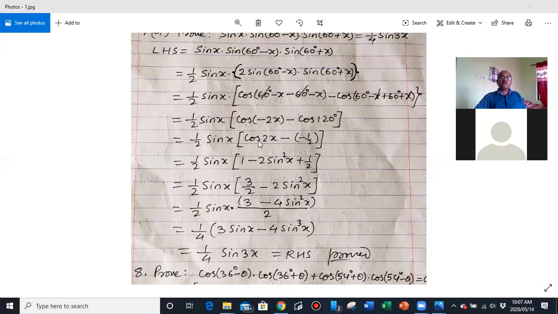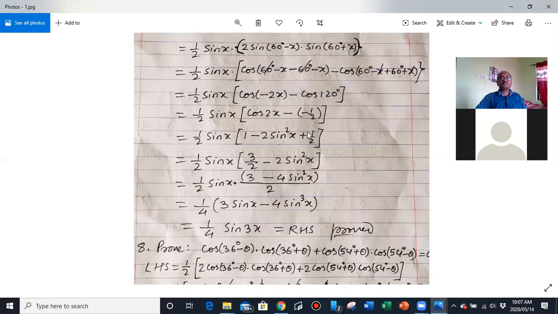So in the next line, cos 2x as 1 minus 2 sin square x, because gradually you have to go closer to RHS. 1 minus 2 sin square x plus 1 by 2. Now you say 1 and half is 3 by 2, so you can do LCM addition. 1 plus 1 by 2 is 3 by 2 minus 2 sin square x.